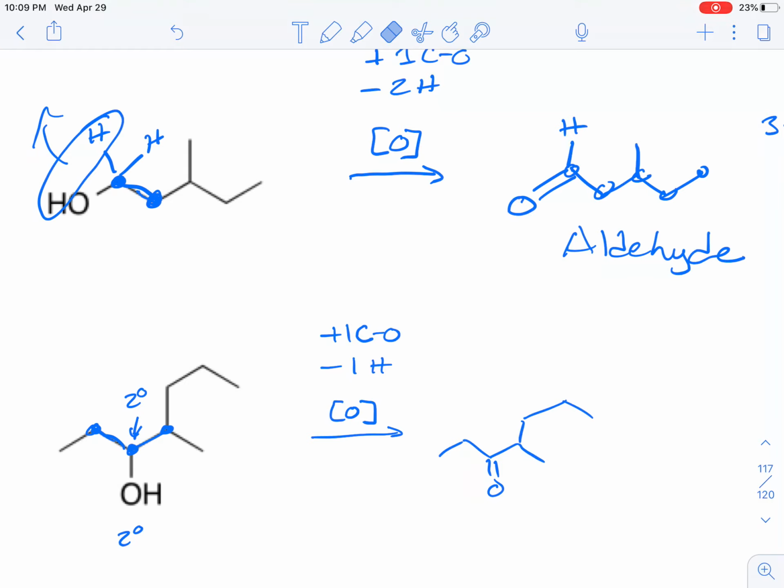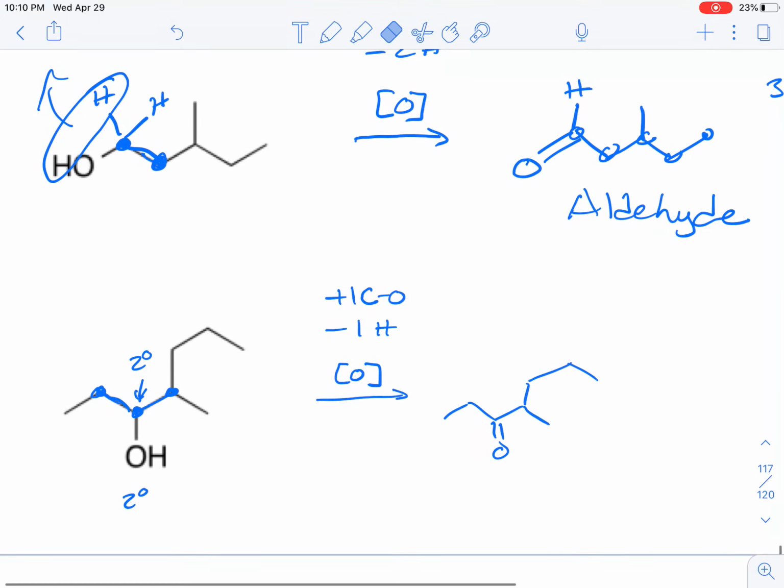Primary alcohols are always on the terminal end of the carbon chain, so it makes sense for it to produce a terminal functional group, which in this case is the aldehyde. If you have a secondary alcohol, that alcohol is in the middle of a carbon chain, and for now the only functional group that you know of that'll be found in the middle of a chain is a ketone. And so we'll get a ketone wherever that alcohol is.